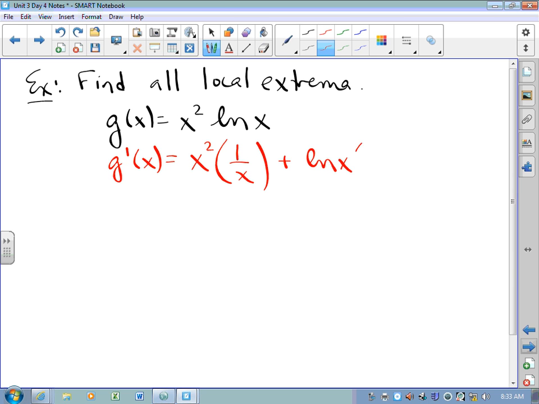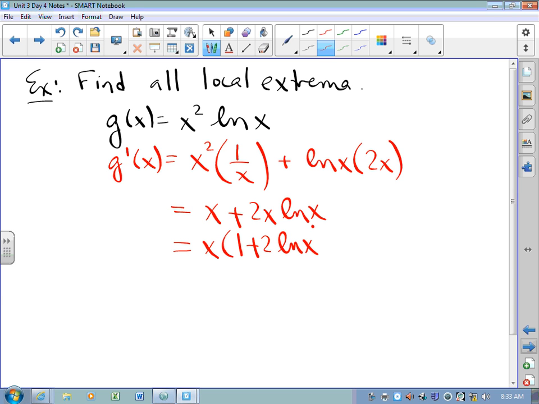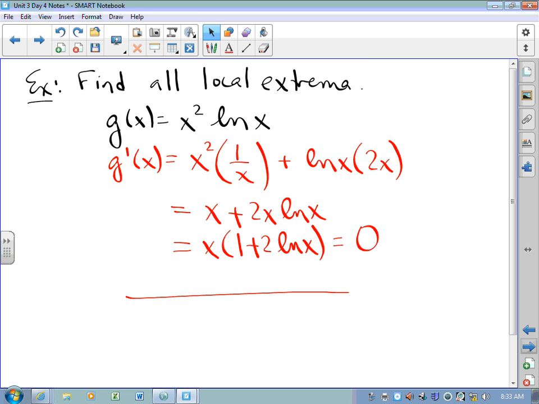It's 1 prime 2 plus 2 prime 1. That's x plus 2x ln x. And then we factor out an x. So I want that to equal 0. You get two possibilities. You get 0, and then you get whatever this gives me.